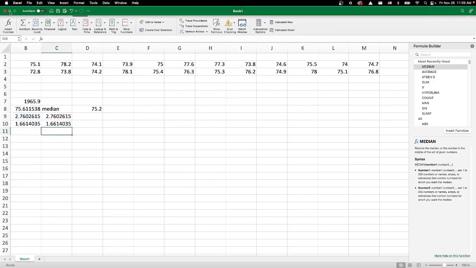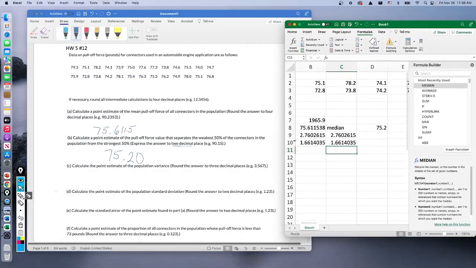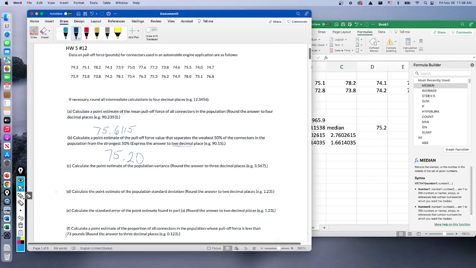Okay, so again, these are just using the sample information. Calculate the point estimate of the variance. That's going to be 2.76, 3 decimal places. Standard deviation 1.661, and then standard error.